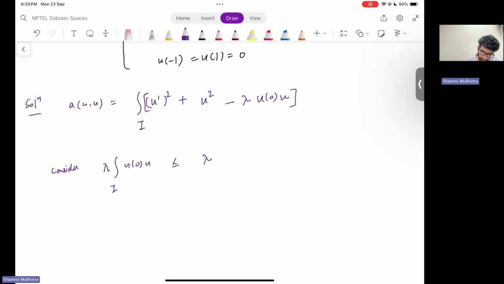So this is lambda times 1/2 of the integral over I of |u0|^2 plus the integral over I of u^2. We can have this from AM-GM.